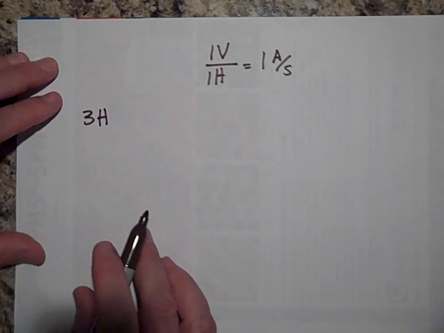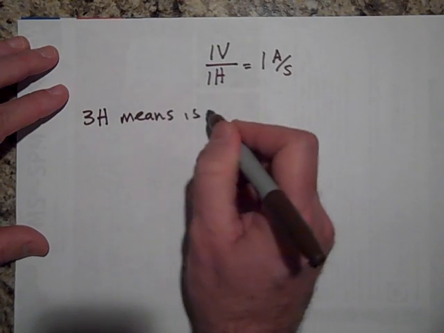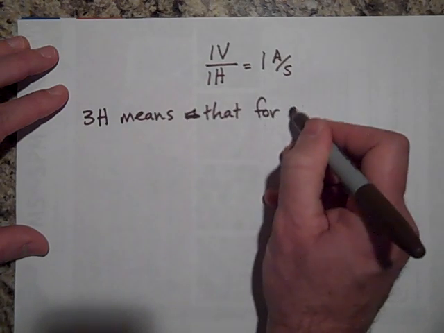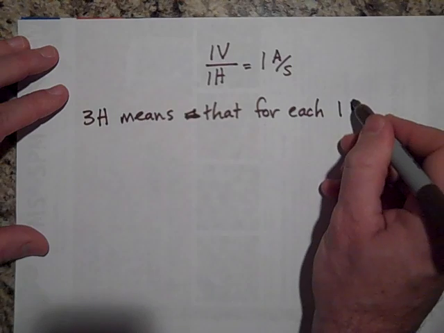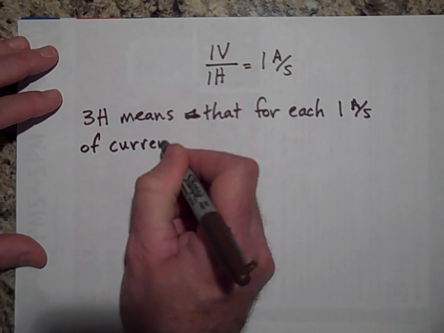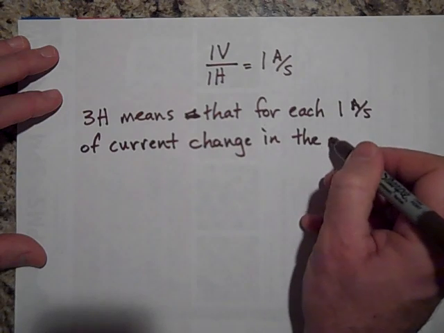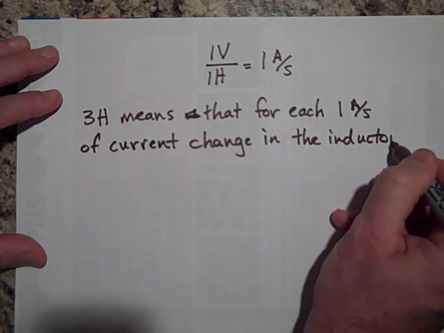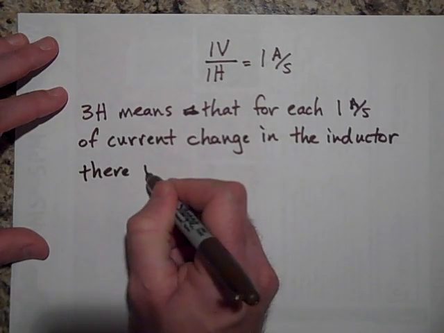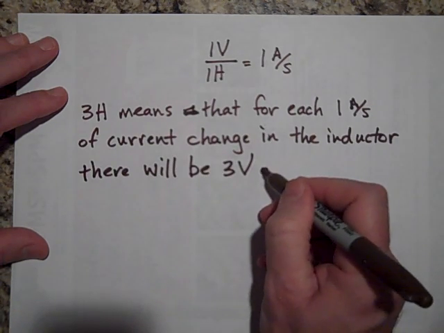If you have an inductor that has 3 Henrys of inductance, what that means is that for each 1 amp per second of current change in the inductor, there will be 3 volts induced.